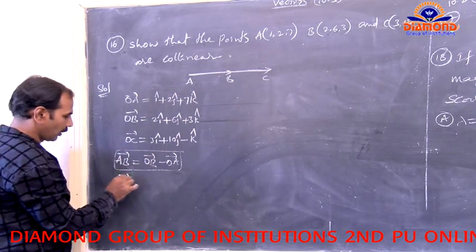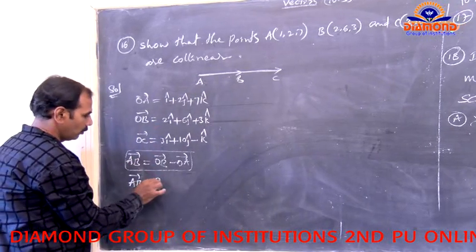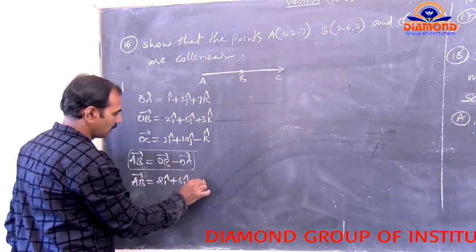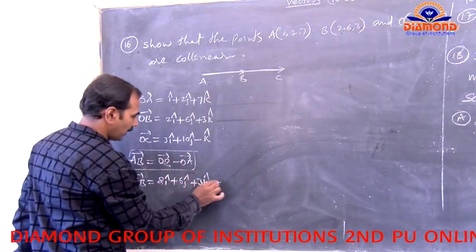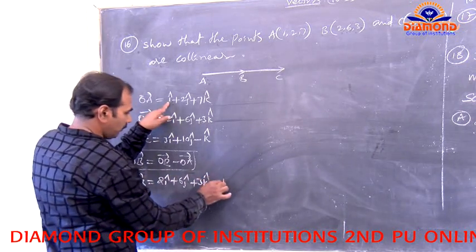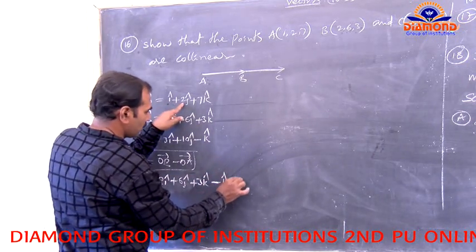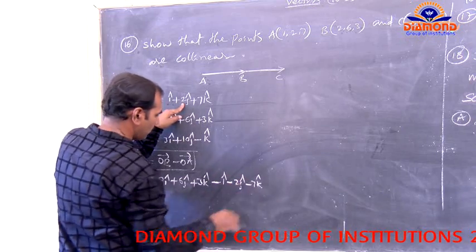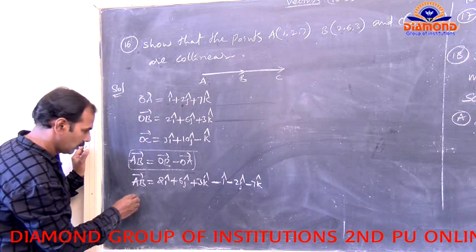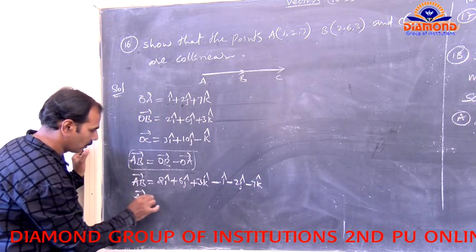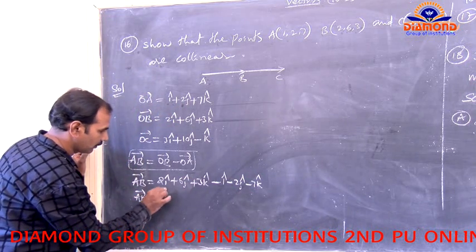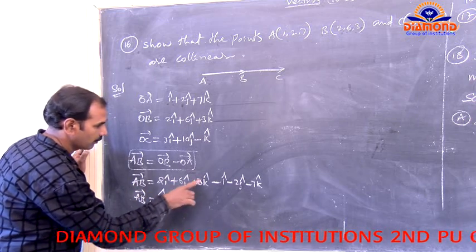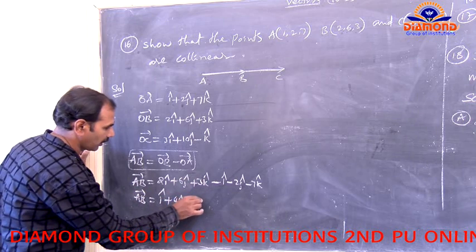So AB bar equal to 2I cap plus 6j cap plus 3k cap minus I cap minus 2j cap minus 7k cap. So AB bar equal to I cap plus 4j cap minus 4k cap.